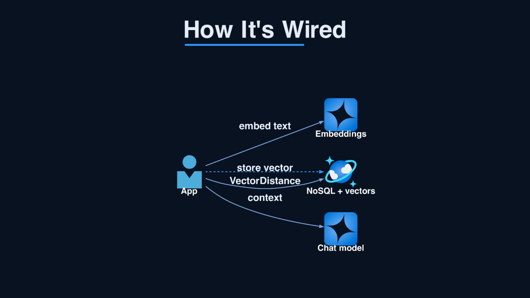At query time, you embed the user's question the same way, then run a query using the VectorDistance function, optionally filtered by partition key or metadata. Cosmos returns the nearest documents, and you feed them as context to your chat completion model. One system holds both the source data and the index.